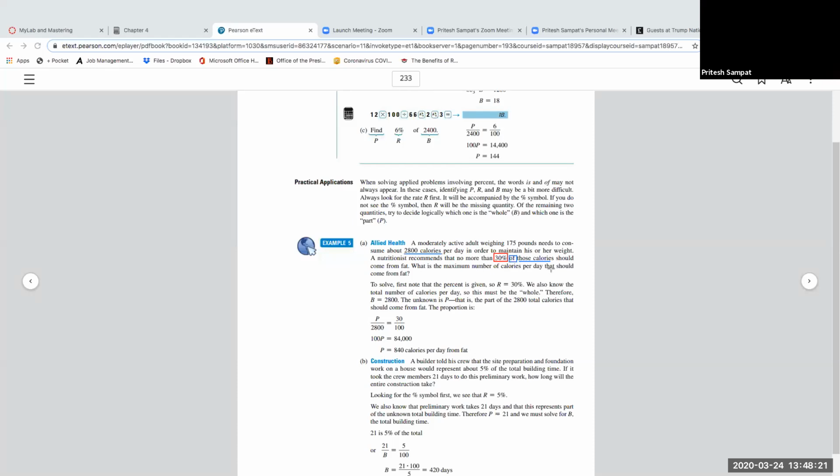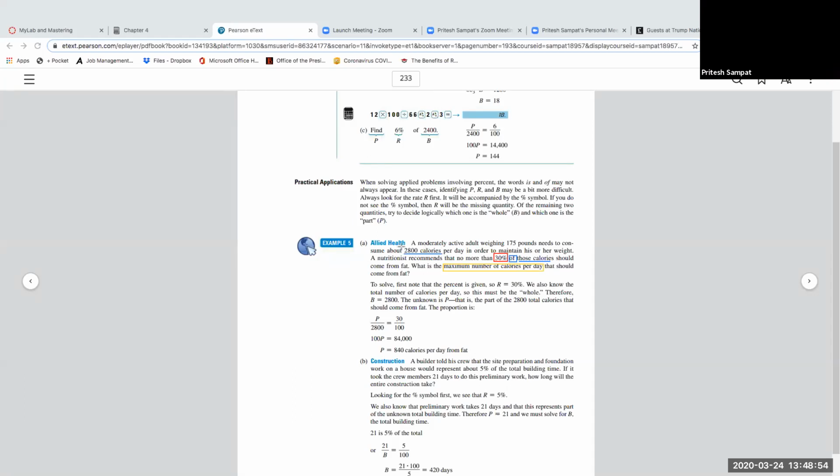What is the maximum number of calories per day that should come from fat? So our question is going to be, I'll change the color, what is the maximum number of calories per day that should come from fat?